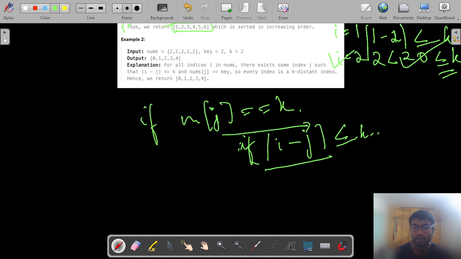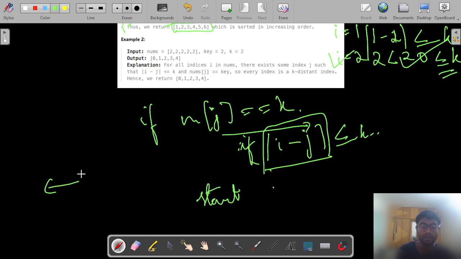When we have mod here, we should clearly understand that it would start from the left side k times and also span k times in the right direction.